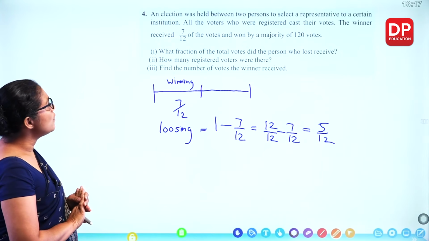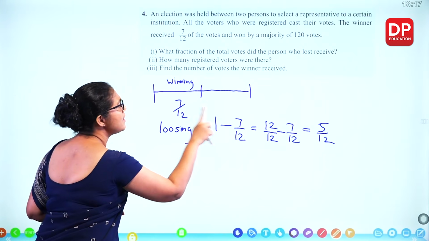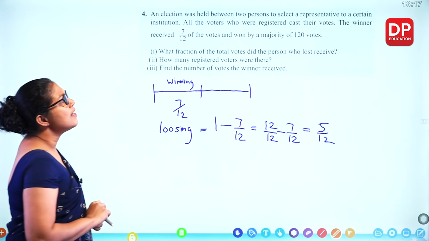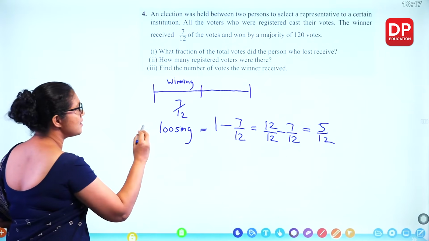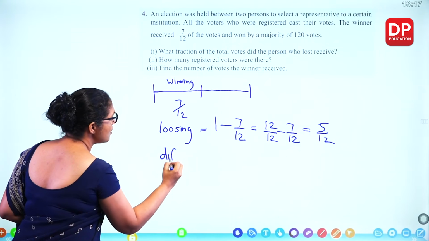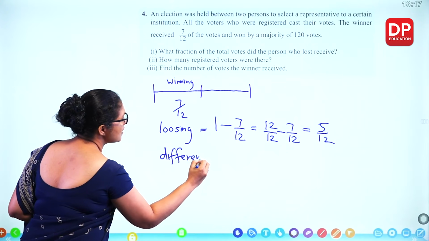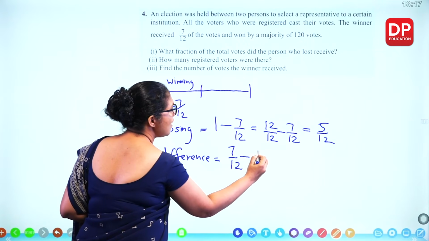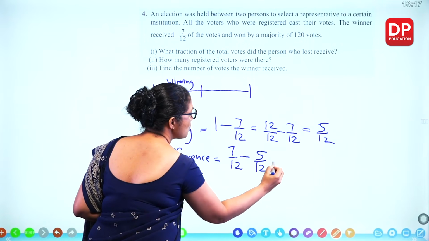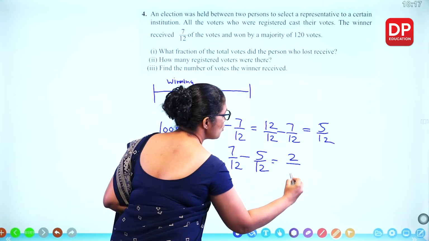So you know the losing part, and the difference between these two is 120 votes. The difference between winning and losing: winning is 7 over 12 and losing is 5 over 12. So what is the remaining one? The difference is 2 twelfths.